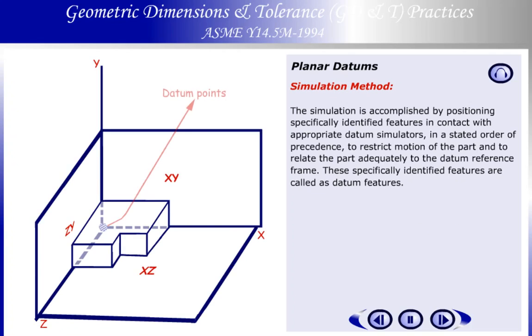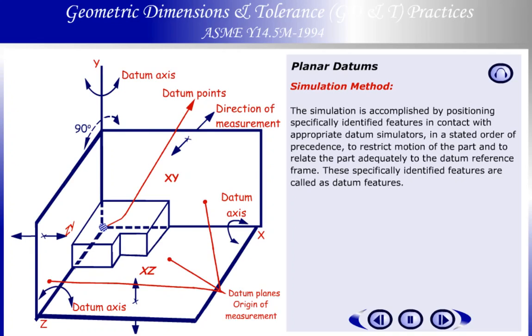The simulation is accomplished by positioning specifically identified features in contact with appropriate datum simulators in a stated order of precedence to restrict motion of the part and to relate the part adequately to the datum reference frame. These specifically identified features are called datum features.